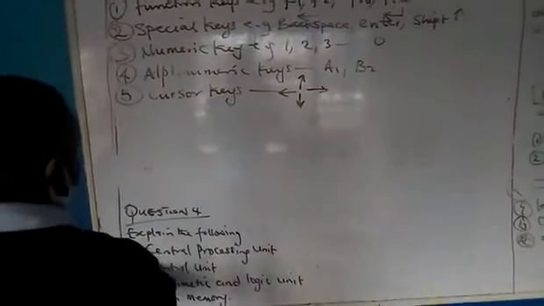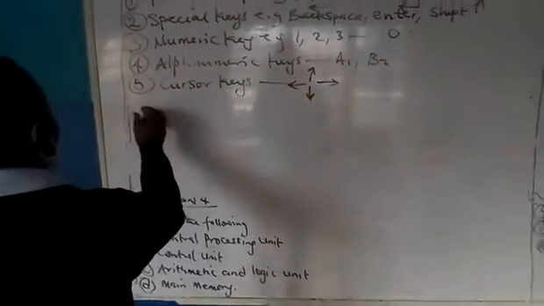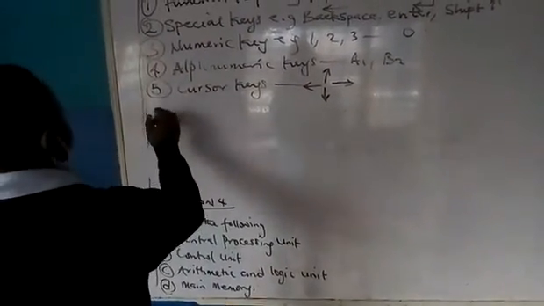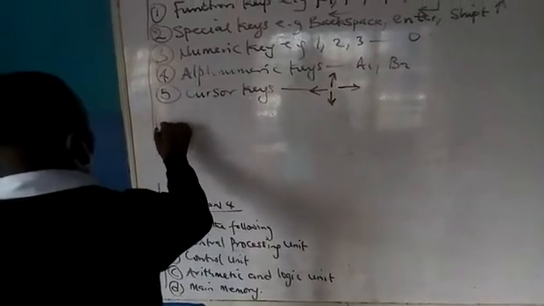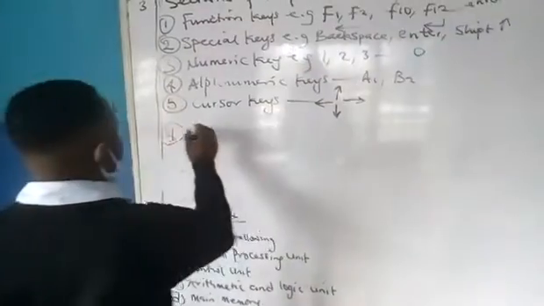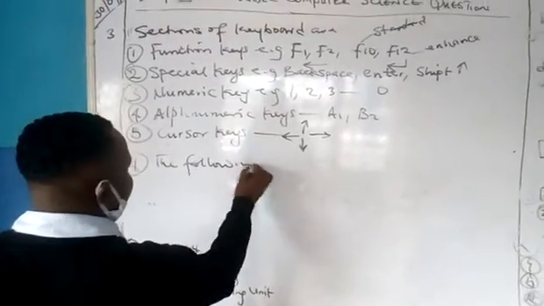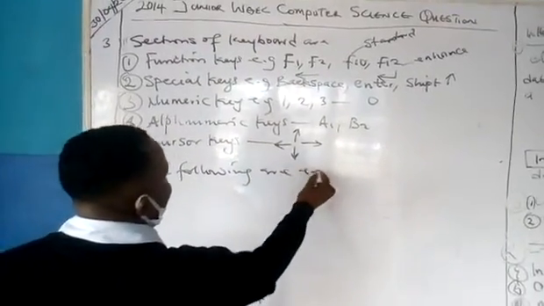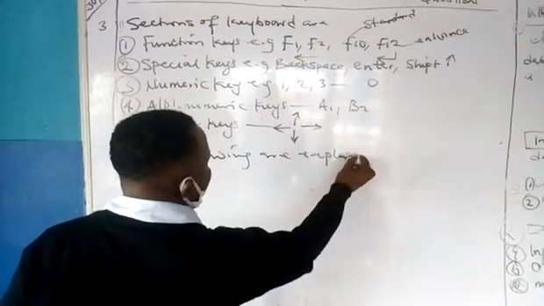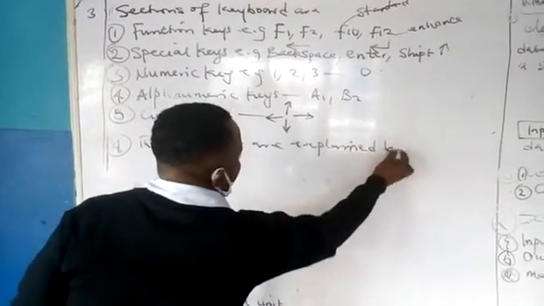Okay, the question says explain the following: A, central processing unit. Question 4, the following are explained below.